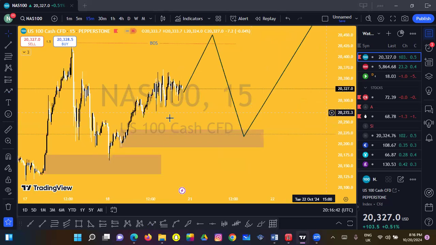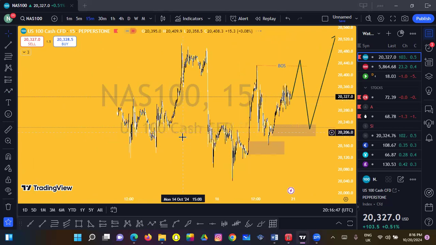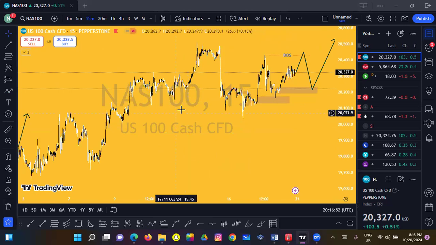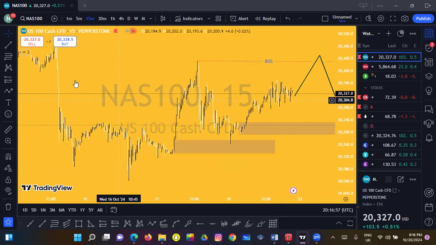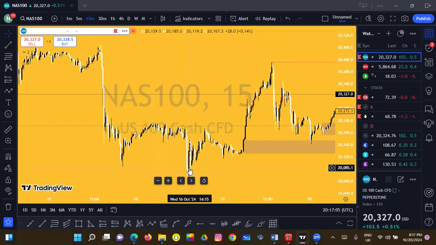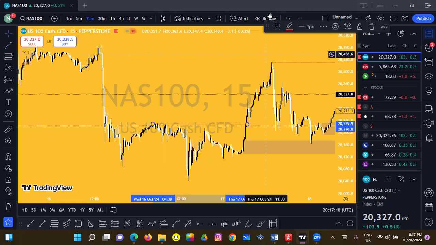Let's just be steadfast on that. So that's what I'm expecting on the NAS100, right? The market gave us this pullback and then the break of structure, and then there was this change of character here.